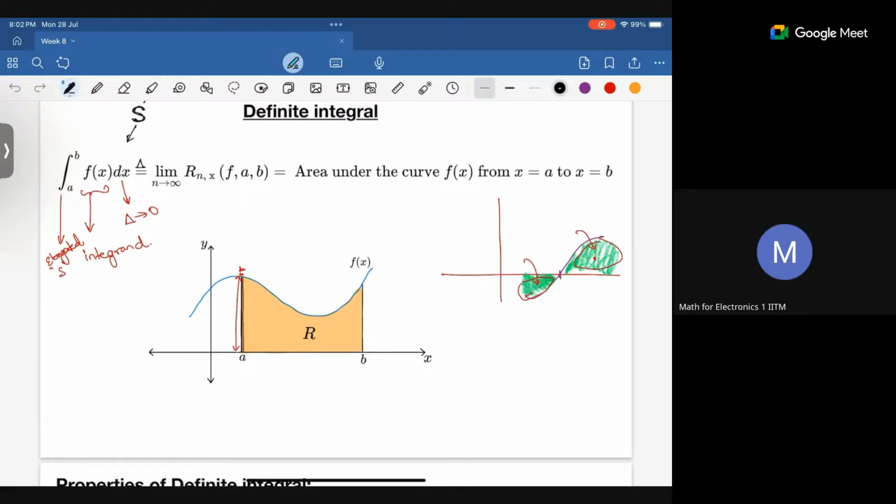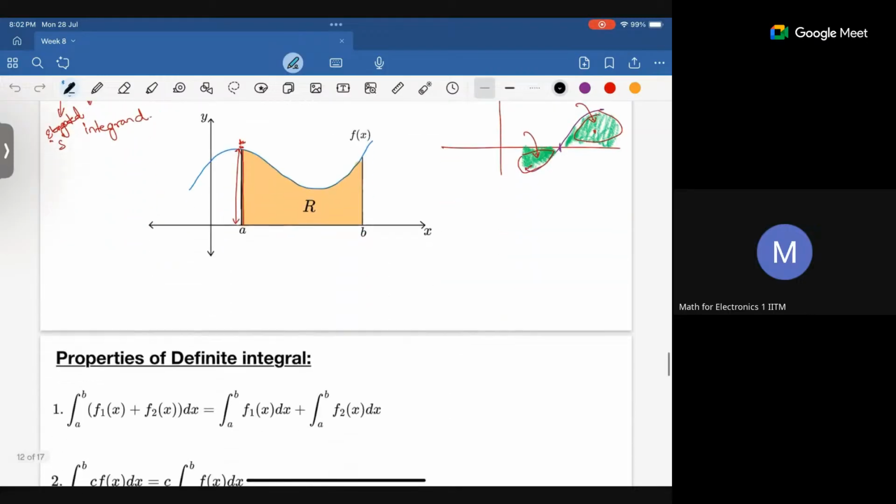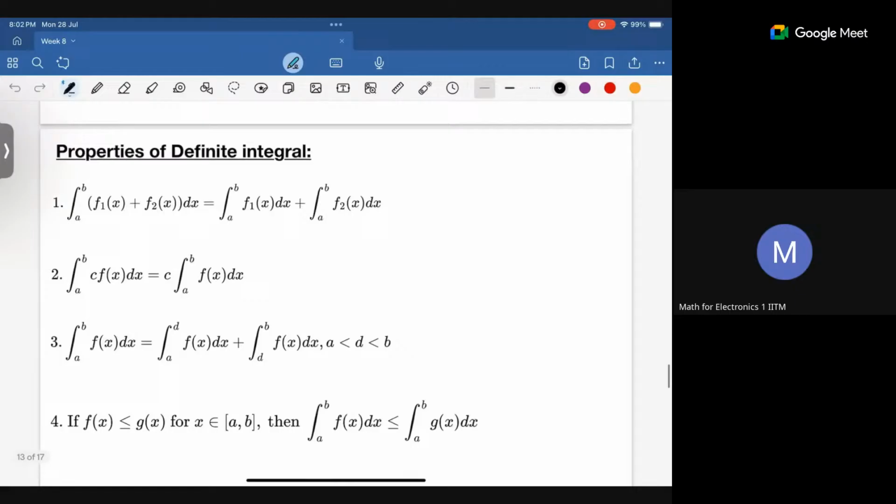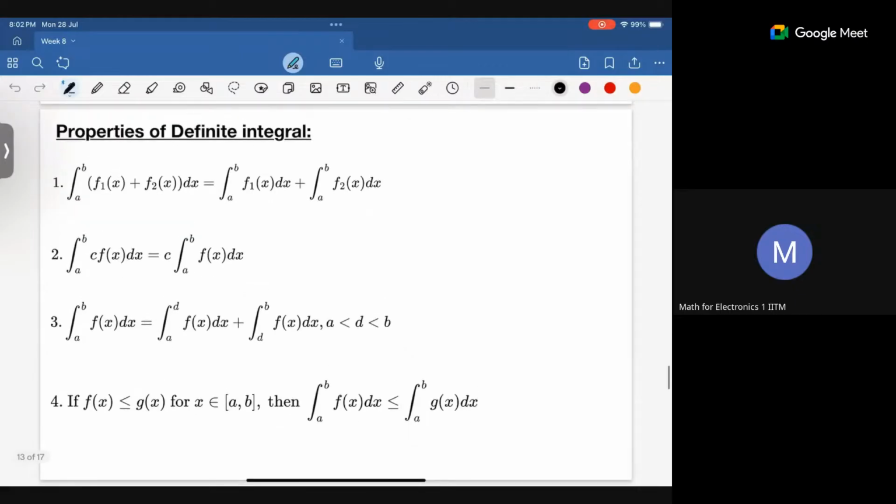Right, so we ended our discussion here, and once we define this definite integral, there are some properties to it. If you have two functions f1 of x and f2 of x, and you want the area under the curve of the sum function f1 of x plus f2 of x from a to b, you can compute the area under the first curve plus the area under the second curve, which will give you the total area under the summed up function.